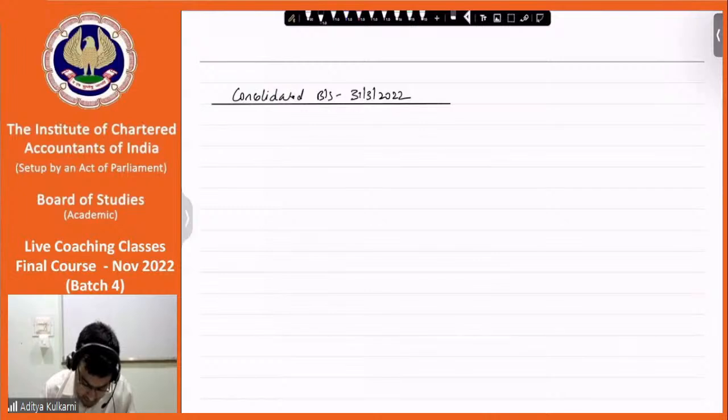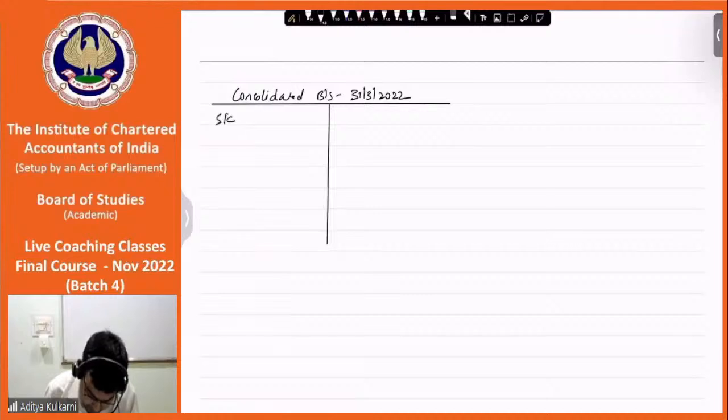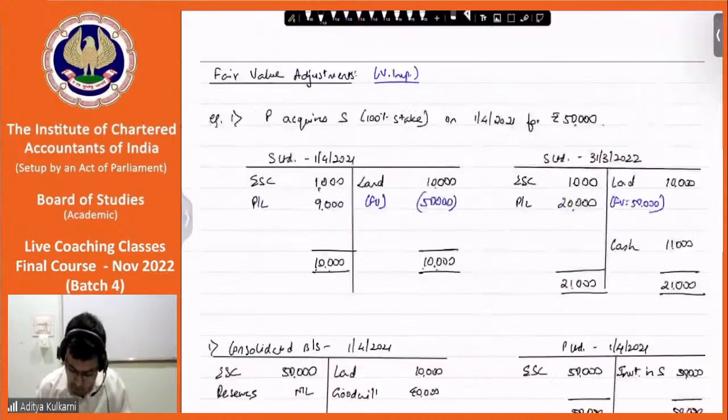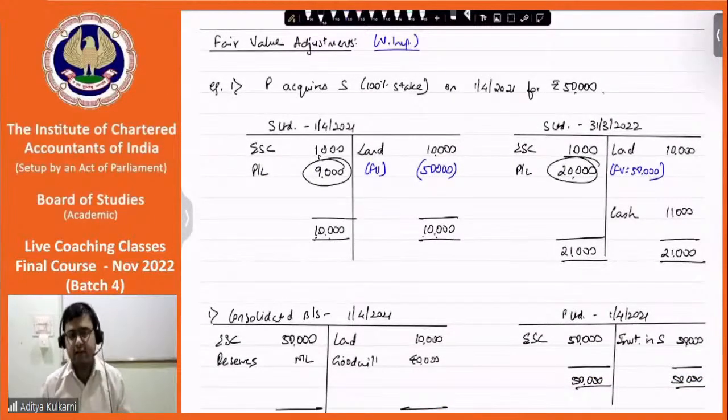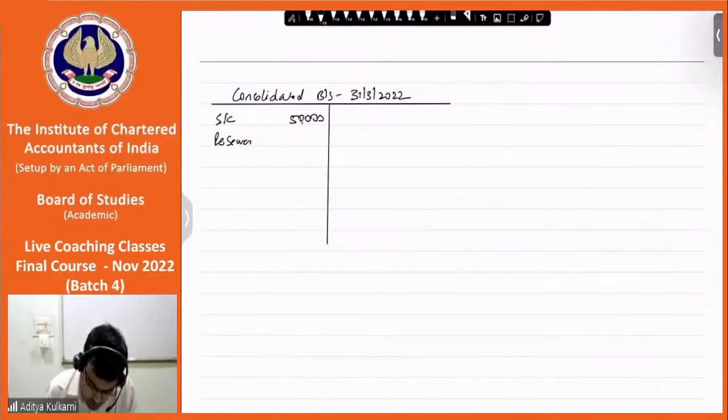Only one, the reserves will come. I will have equity share capital of the parent, 50,000. Reserves, post acquisition, it was 9,000, it became 20. So 11,000 was earned after the company got control. So 11,000 will belong to the consolidated reserves.